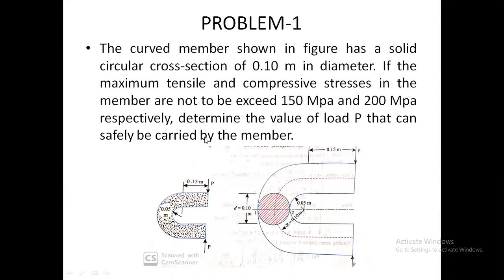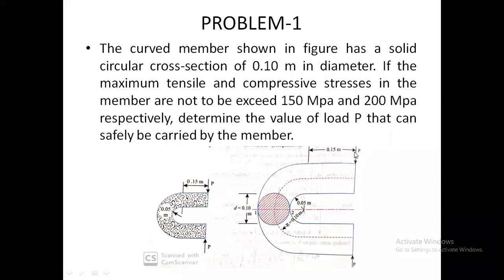okay, plus what is the other load? What is the other load? P. So on top it will be P into 0.15 meter, right? And the next distance is 0.15 plus what is other distance to the centroid, Amma? What is this distance? 0.1 meter.